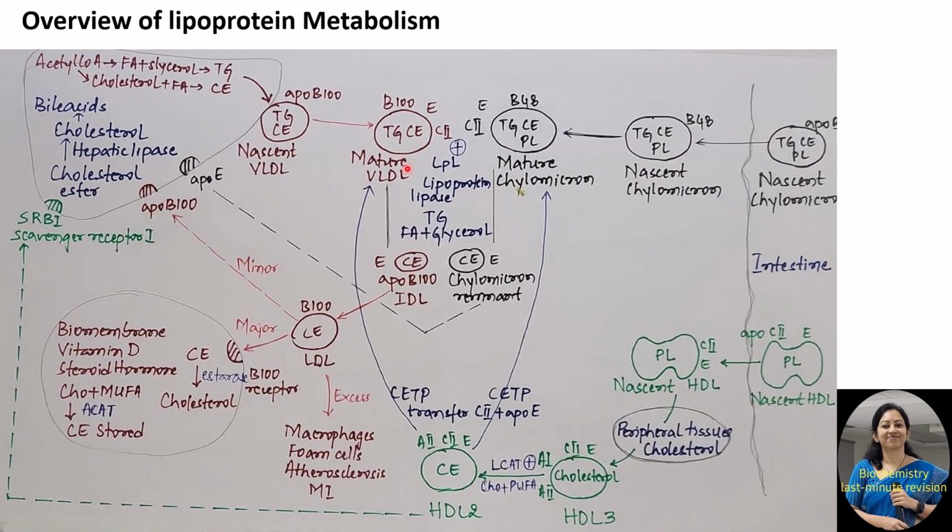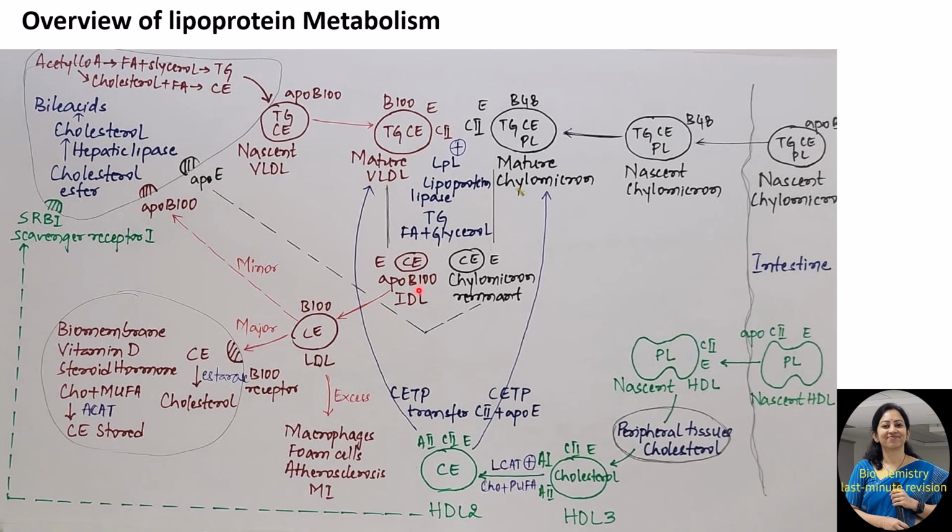After losing the triglycerides, this VLDL gets converted to intermediate density lipoprotein, which now has only cholesterol esters in its core, and has ApoE and B100 on its surface. With ApoE, it can be taken up by the hepatocytes.